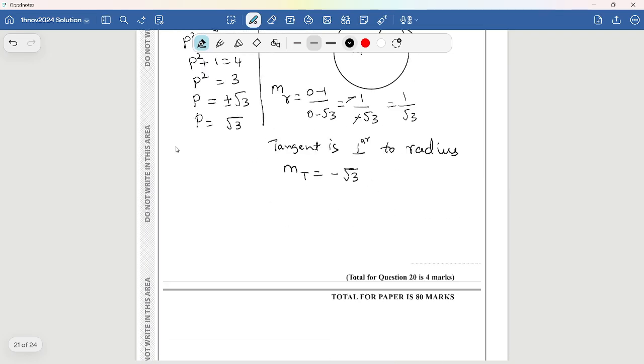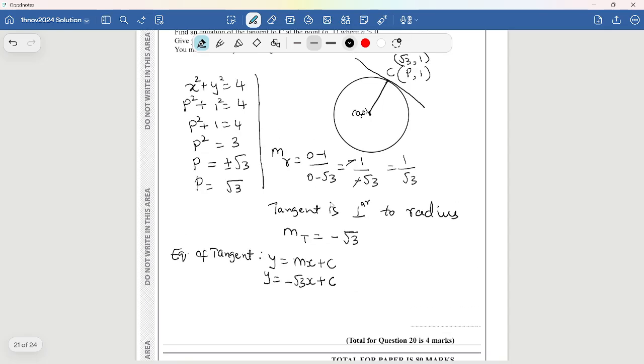To find the equation of a tangent, it is of the form y is mx plus c, where m is the slope of the tangent. So I substitute that value here. y is negative root 3 x plus c, and c is the y-intercept. We don't know what that is; we need to figure it out.